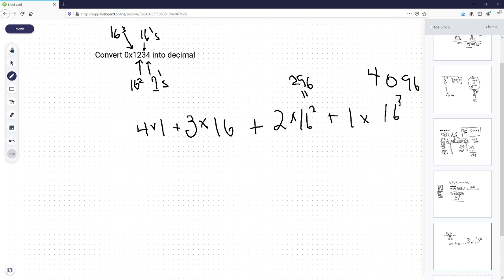Nope, that's not right. That also cannot be right. The Windows calculator is not respecting order of operations. So this is 512. 3 times 16 is, I think, I'm going to say 48.